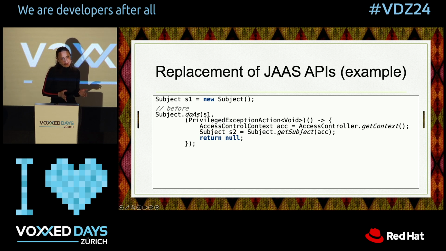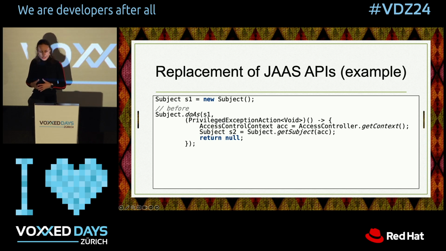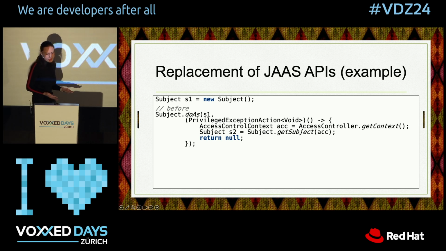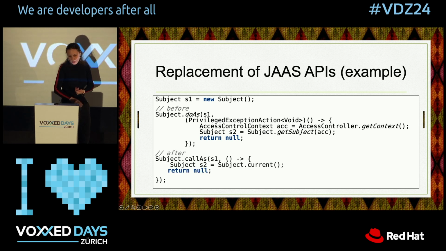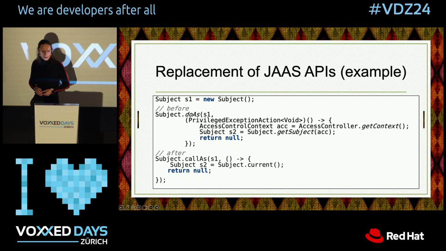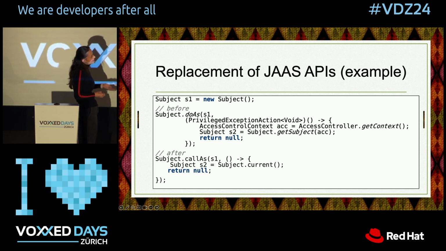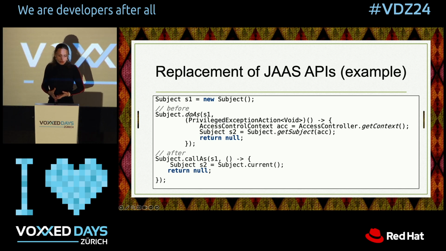But you're never using the access control context further, so you just get an intermediate object, useless in this case. Now after the change, the code looks like this. It's more like Subject.current, no more intermediate object, no need of extra calls, and you get access to your subject very easily.